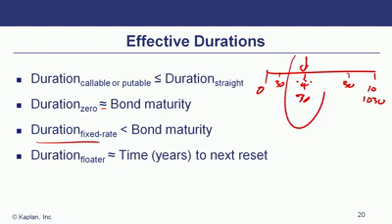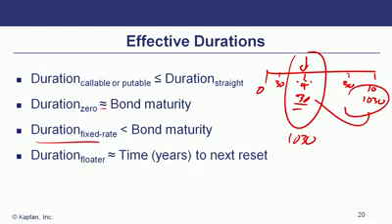But there's some possibility that instead of getting 30 here, you're going to get 1,030. So we're going to move these cash flows way up because the bond gets called away from us. Well, that shortens the duration of the bond. So the duration of a callable or puttable bond is going to be less than the duration of a normal fixed rate straight bond because there's some probability of it getting called away from you prior to maturity.